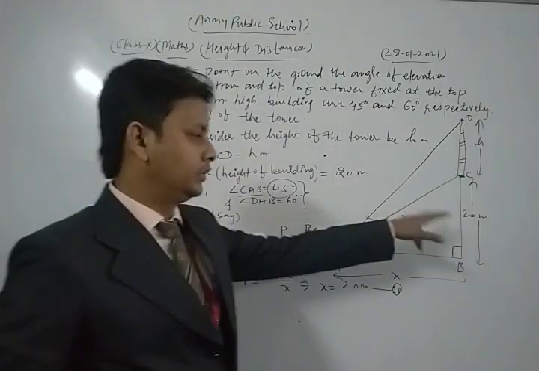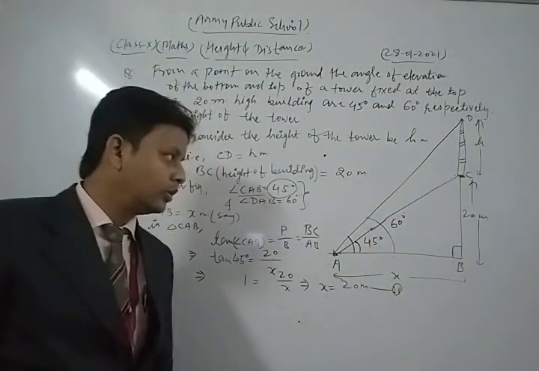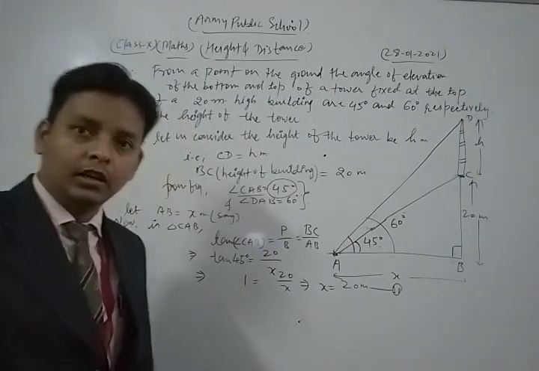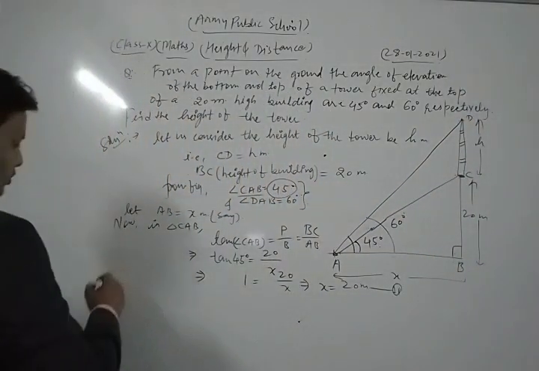So in this way, in triangle CAB we apply tan, and we get our relation x is equal to 20. Now we take triangle DAB.